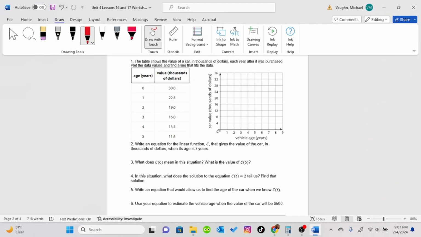So in this table, the first column is going to be our x, the second column is going to be our y.